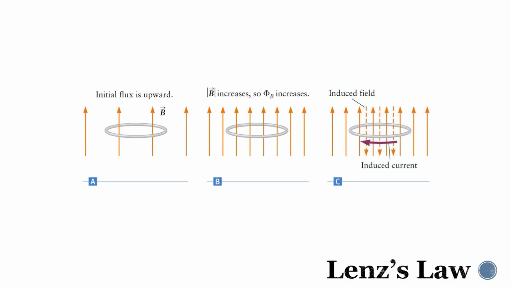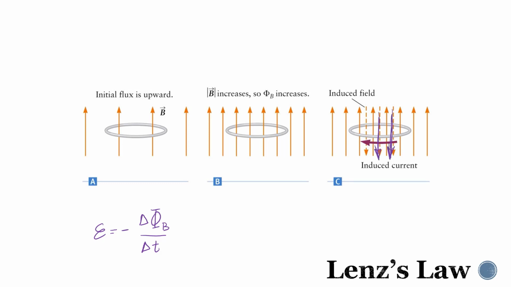So here's an example. We've got a ring where the flux is upward, and then we increase. So there is a change in flux here in time, and so we get an EMF induced, and it's going to be induced in such a way as to oppose the change. So we are increasing the upward field, and so the current itself will create a field that is directed opposite to that.